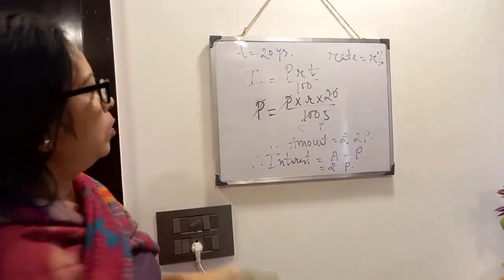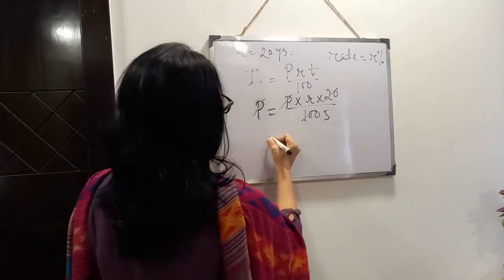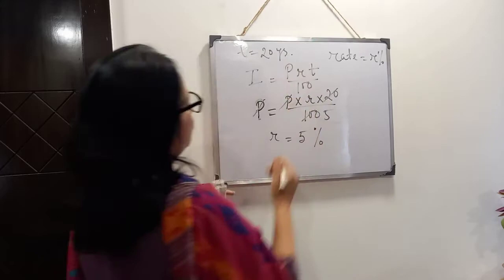So from here, what are we getting? We are getting rate R as 5%. Clear? So from first case we have got R.